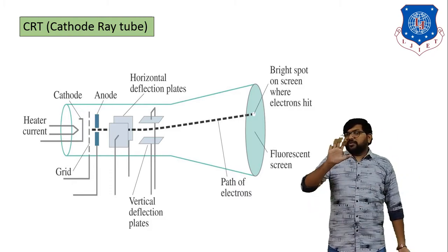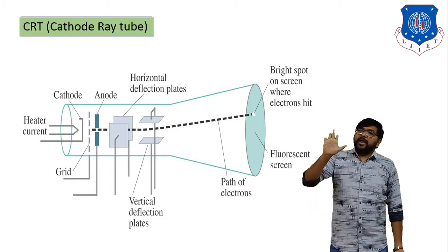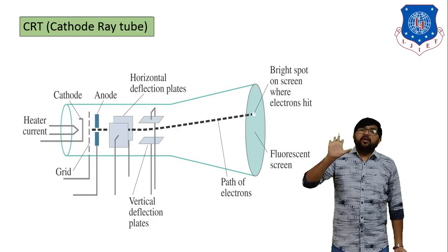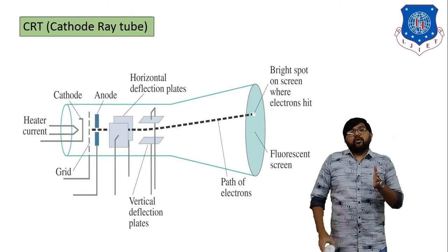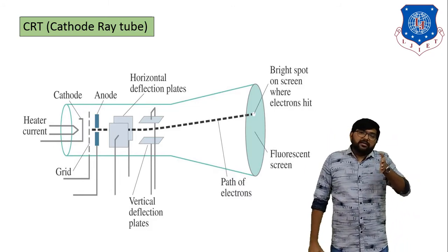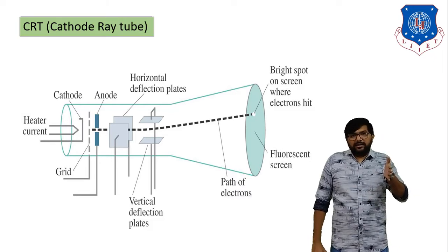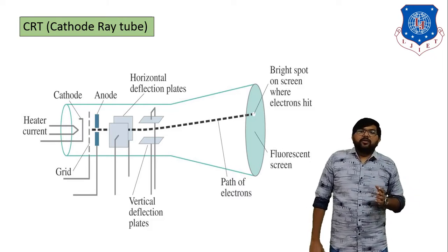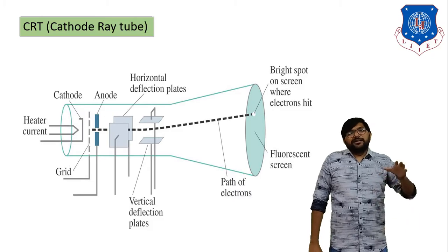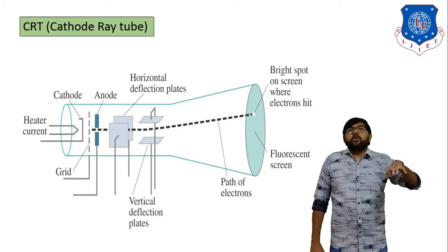But you can see that the brightness is slightly higher or slightly lower constantly on the CRT screen. Clear? So this is the simple working of the cathode ray tube. It looks like an old type box TV.